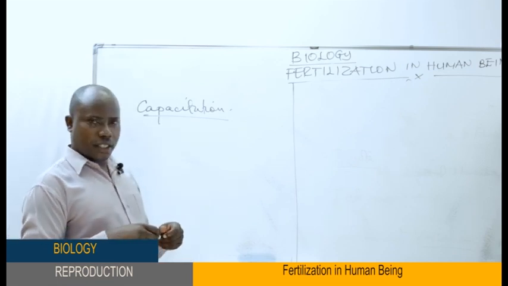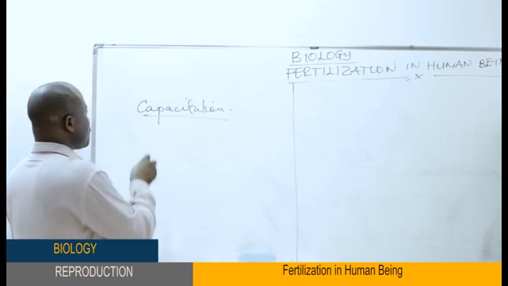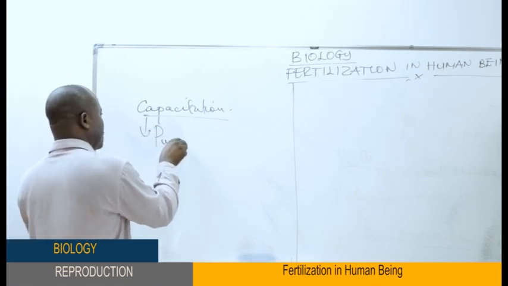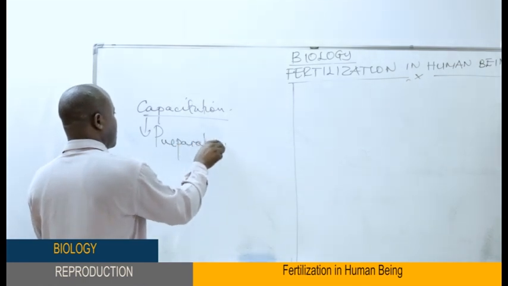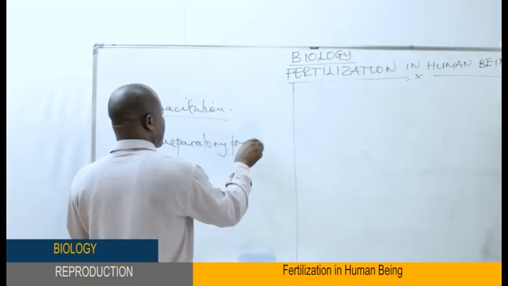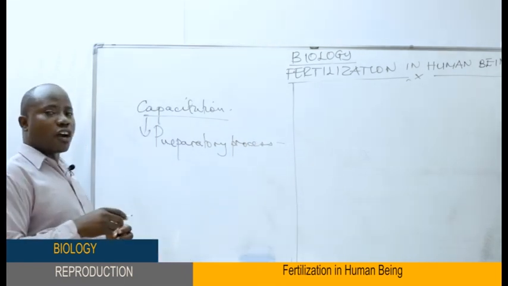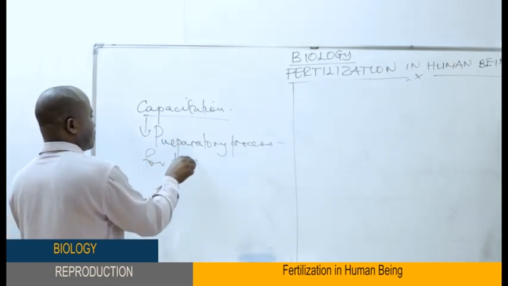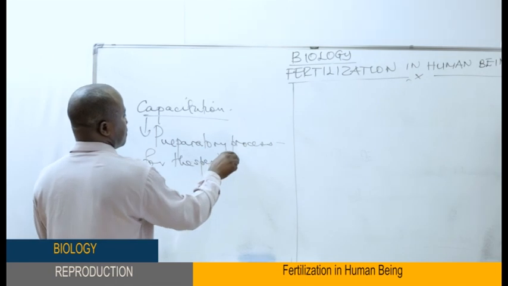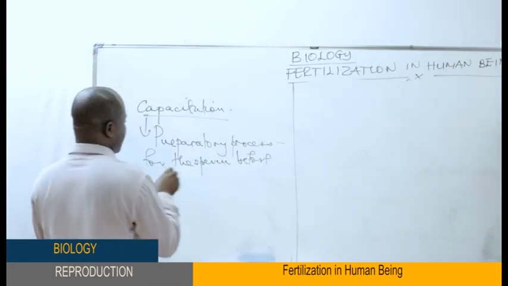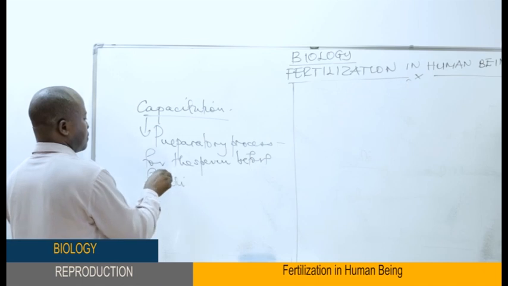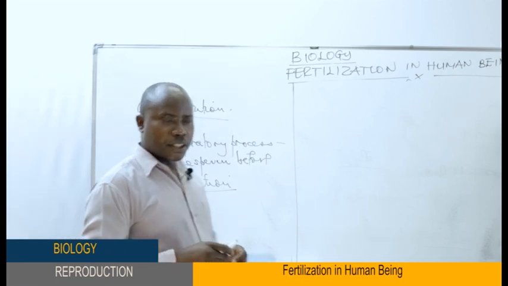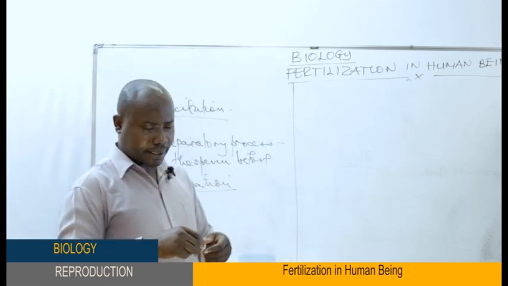Why capacitation? Here, first of all, capacitation is a preparatory process the sperm cell undergoes before fertilization. It must be prepared so that fertilization can take place.